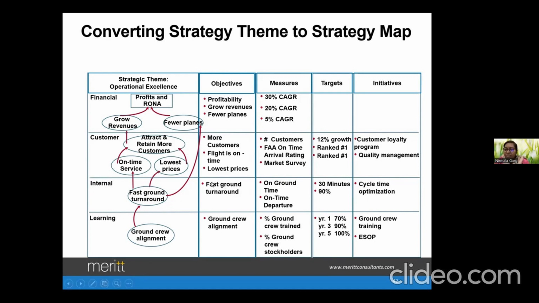Hey guys, are you with me? This is a very simple thing. Have you understood, first of all, turnaround time? Yes. Okay. Now, in order to ensure that, I need to have certain measures. So what will I do? I'll take data, I will do analytics and I will say, what are the various things on ground time and also time to depart? How much time it has to be there.